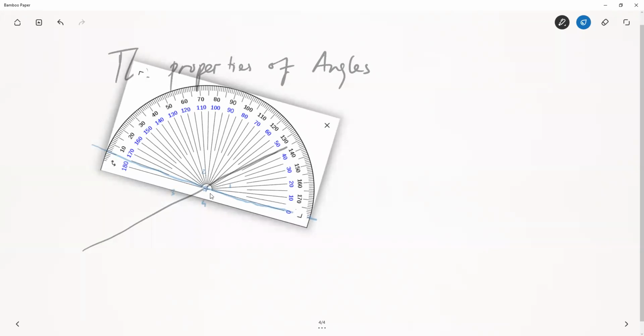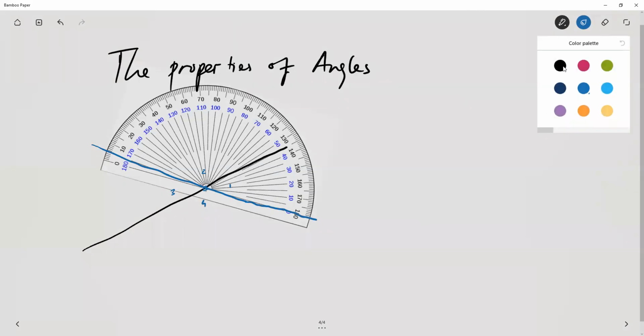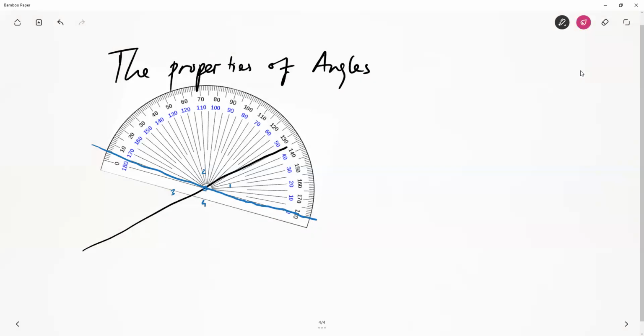We put the scale 0 line exactly on one of the lines, the blue one, for example. Then when we look at the other line, this black one, it goes into this scale. If you look here, 0, then 10, 20, 30, 40, and 50. The black line is in between 40 and 50.